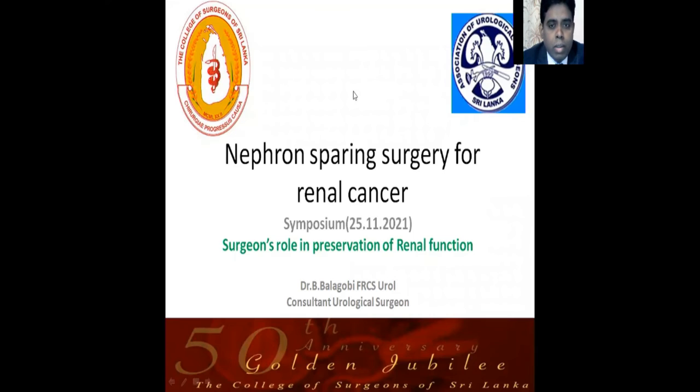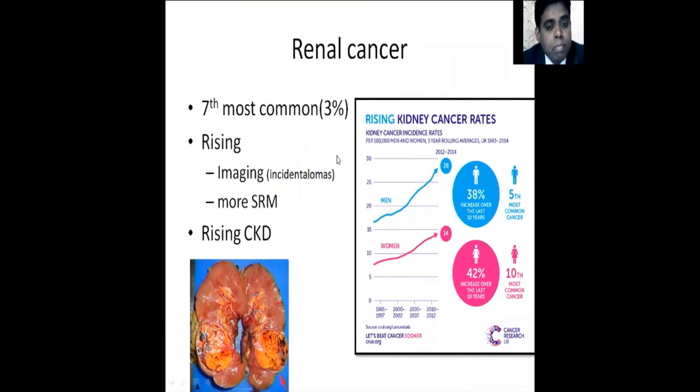You all know that renal cancer is one of the deadliest cancers among urological cancers, and is the seventh most common cancer overall in worldwide figures. But if you take the UK Cancer Network, it is the fifth most common cancer. The incidence of renal cancer is rising, mainly because of more imaging and more incidental diagnosis of renal cancer, mainly the small renal mass.